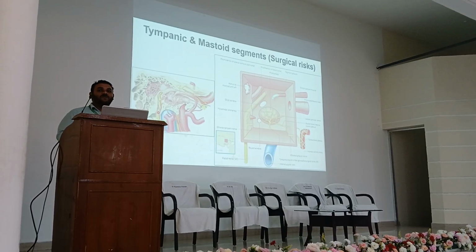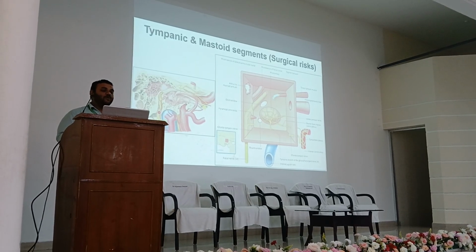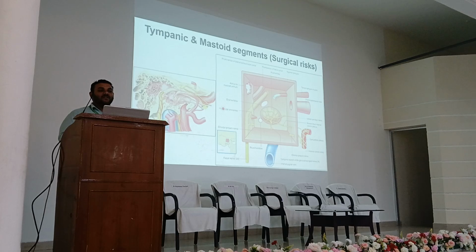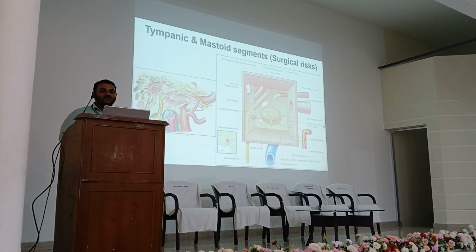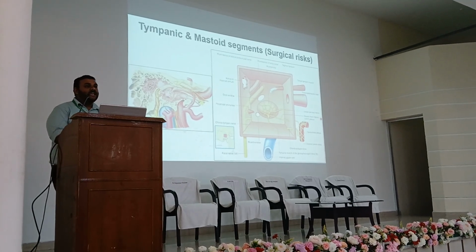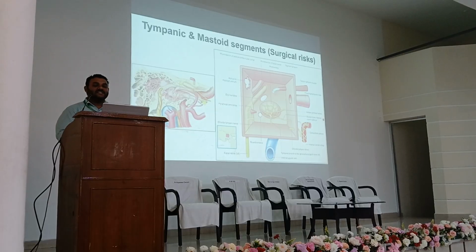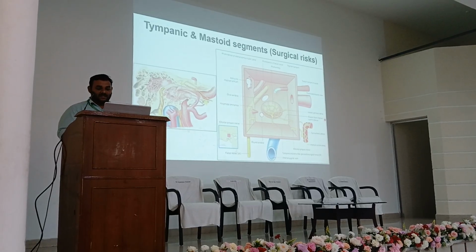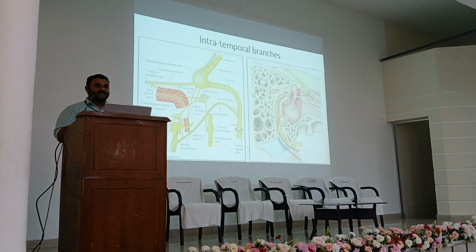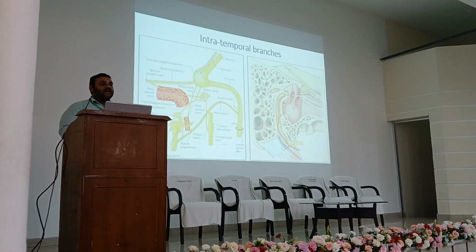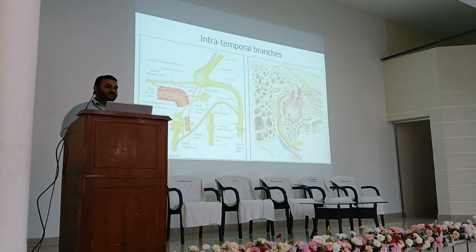The stylomastoid foramen is located between the styloid process and the mastoid process. In infants, the stylomastoid foramen is more superficial, as the mastoid process is not developed until the second year.